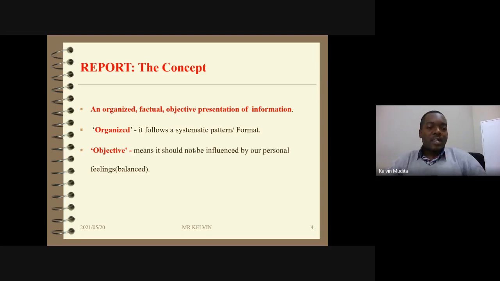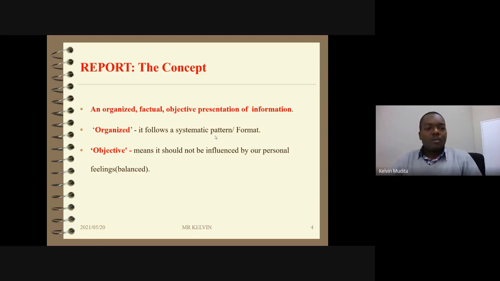So, as I said, reporting, administrative reporting is simply the format. So a report is actually an organized presentation. It's an organized presentation of information. That is simply what a report in general is.